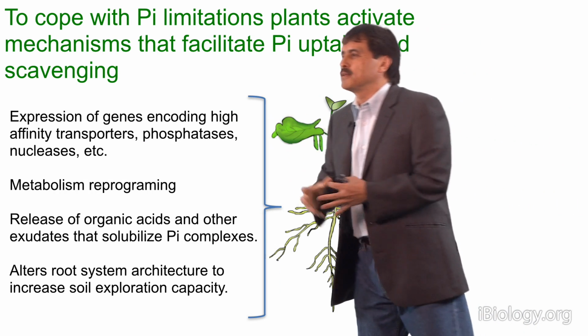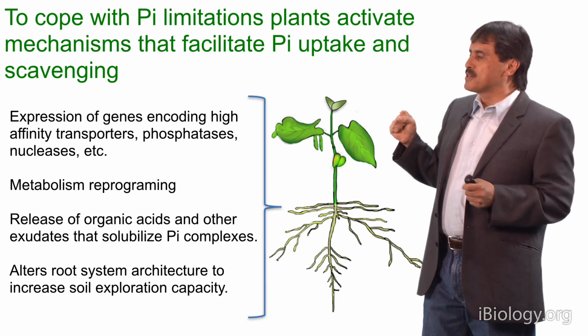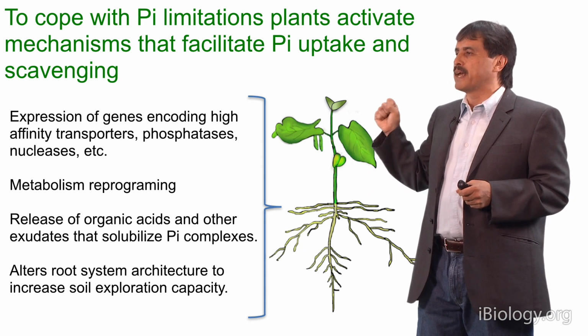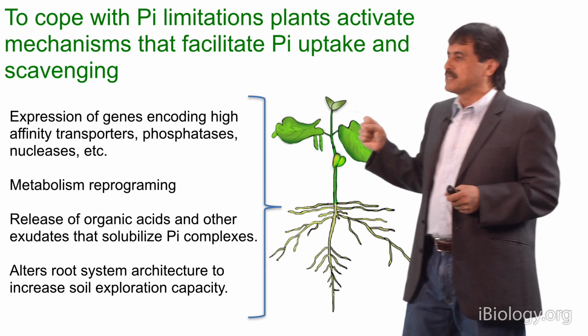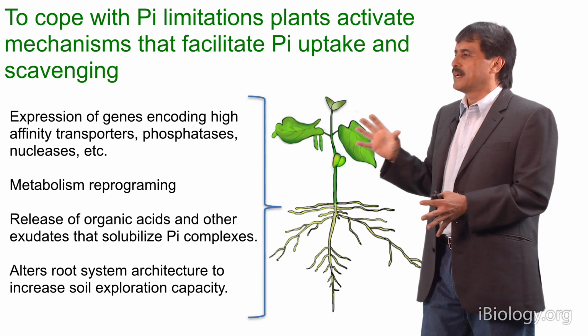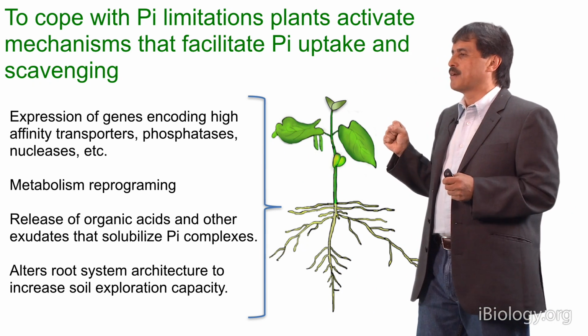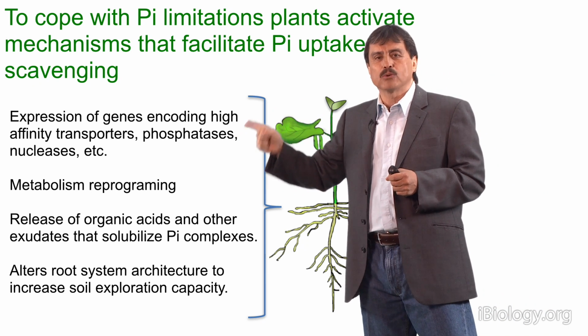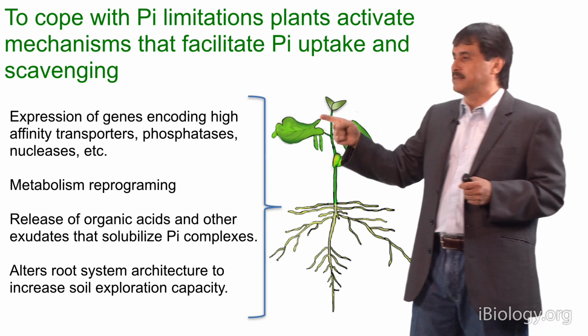So to cope with phosphate limitations, plants activate mechanisms that facilitate phosphate uptake and scavenging. For instance, when a plant faces a low level of phosphate availability, the expression of hundreds or even 1,000 genes is activated or repressed.